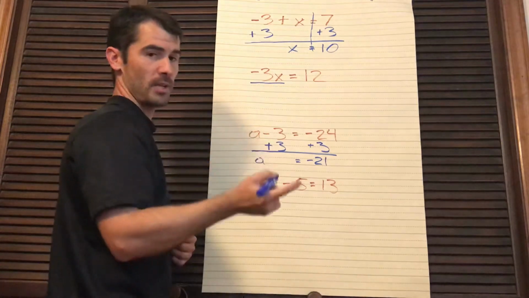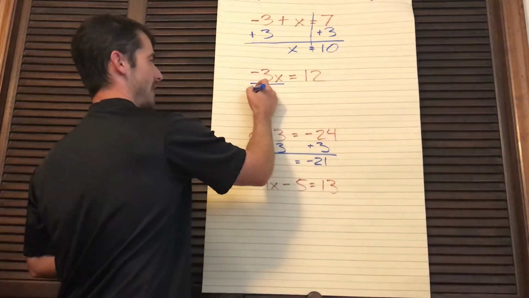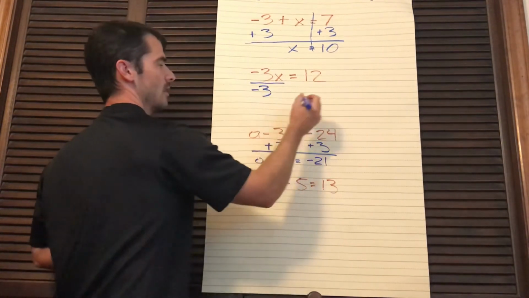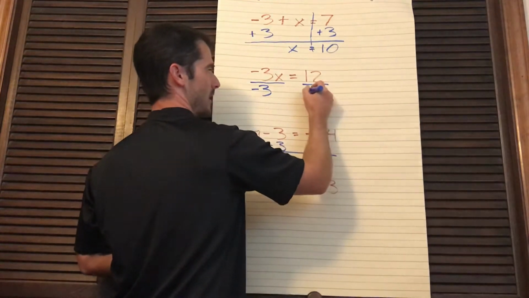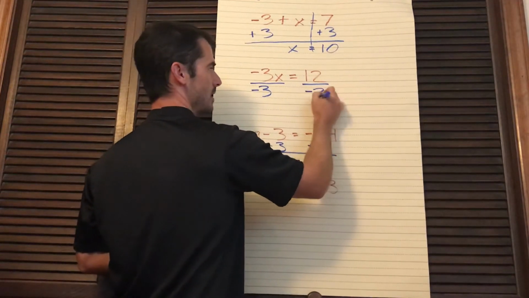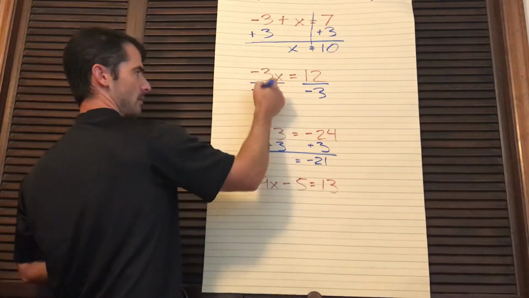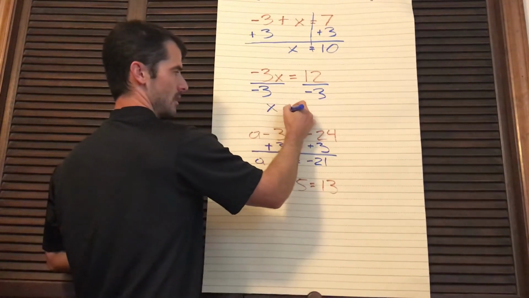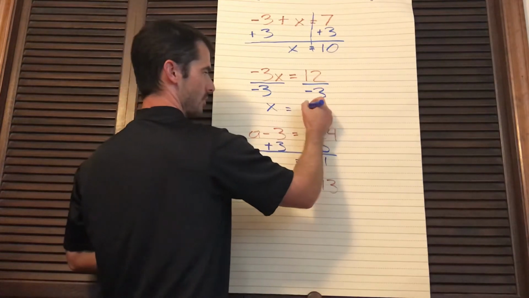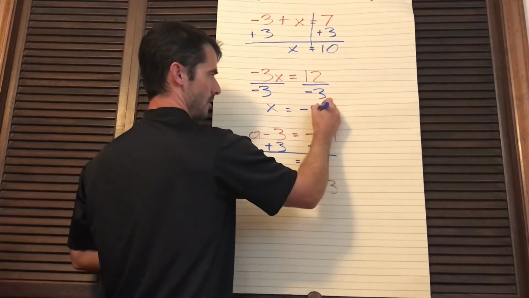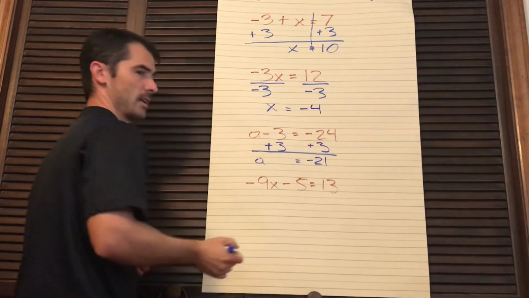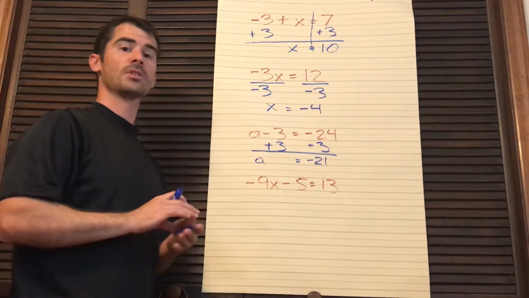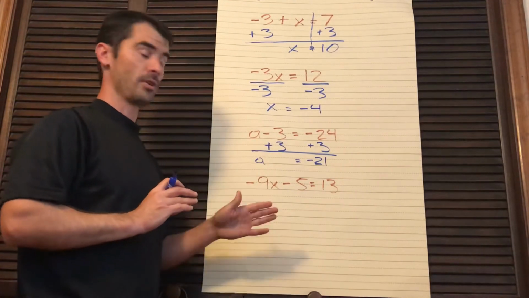So the opposite of multiplying by negative 3 is dividing by negative 3. If I divide one side by negative 3, I divide the other side by negative 3. Negative 3 divided by negative 3 is 1, so we're left with 1x. And 12 divided by negative 3 is negative 4. Again, if that was a little confusing, rewatch it before you go to the next one.